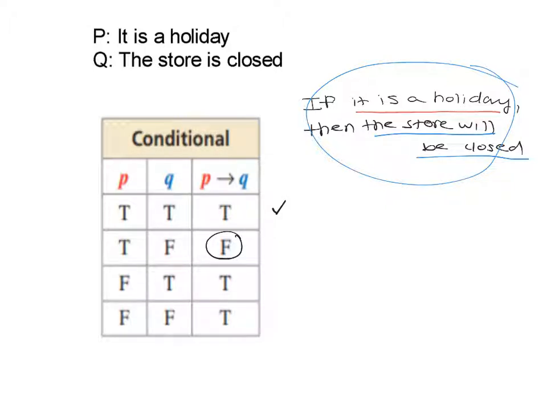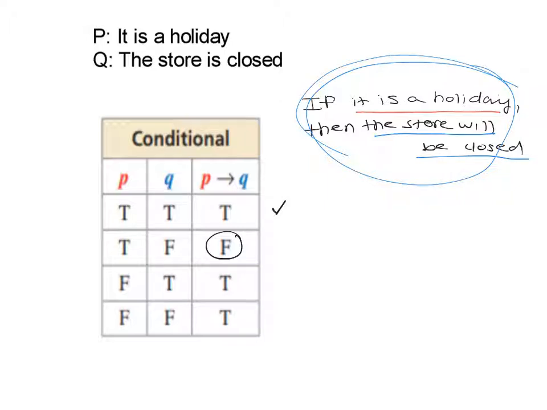Yeah, on a weekend, for example, right? This statement just says, if it's a holiday, the store will be closed, right? So that's okay if you're closed on a weekend. It's okay if you're closed because of construction. That does not mean that this statement is false. Does that make sense?